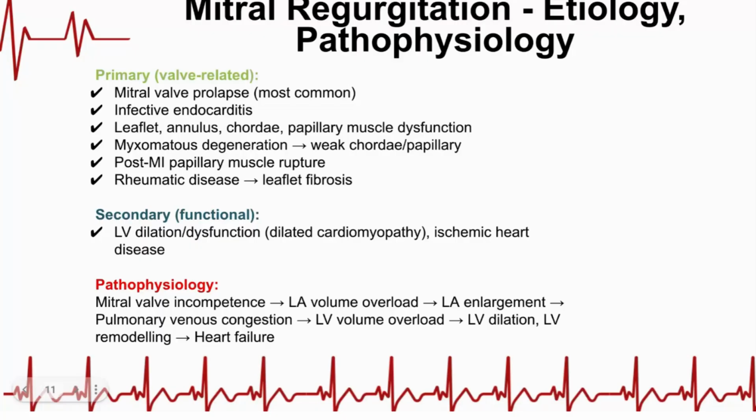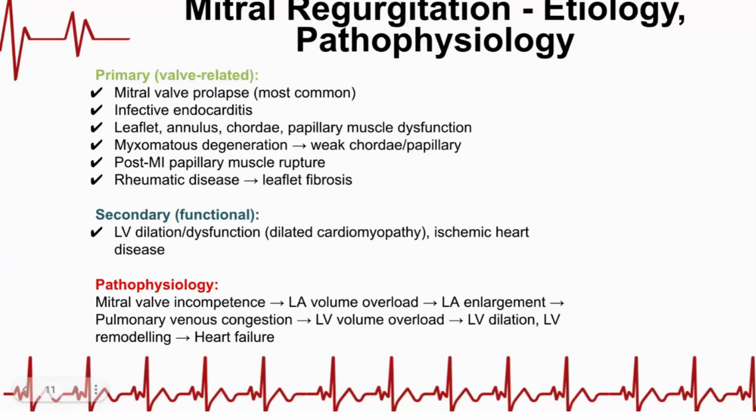Now, valve-related, the most common way you can have mitral regurgitation is through mitral valve prolapse, and that's just like the rupture of it. The other ways we can have it are infective endocarditis.